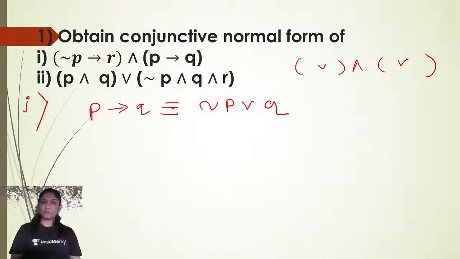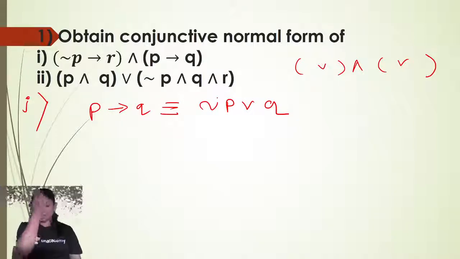For that, we have to convert this implication or conditional statement into OR and AND. So we will use the equivalent statement, that is P implies Q is equivalent to negation of P or Q. As we have seen in the last lecture, these two statements are equivalent by using the truth table.